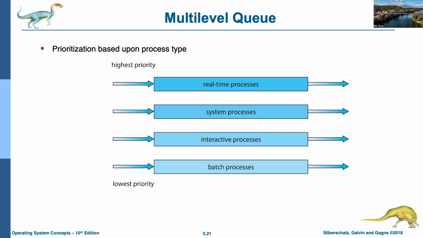Next are the system processes, which are important. And then others, like batch processes, which are not important and have the lowest priority, like file reading and file writing. File reading and writing is very slow, and if delayed for several milliseconds, it's still acceptable.